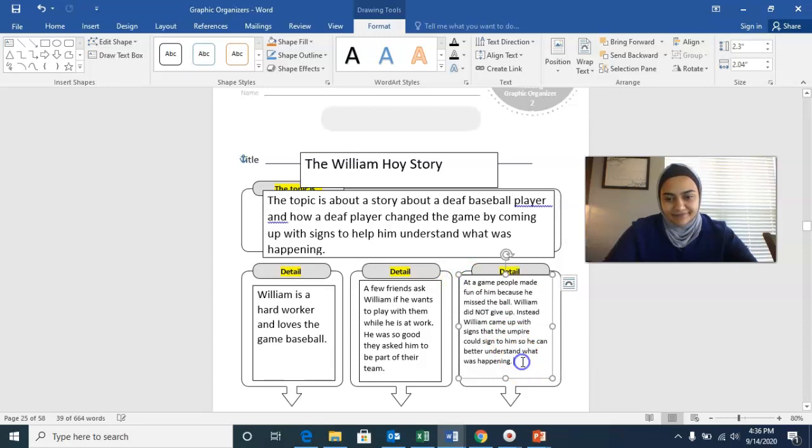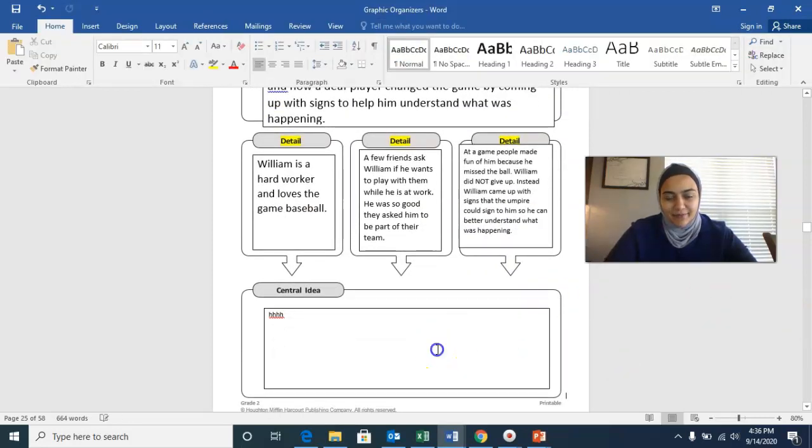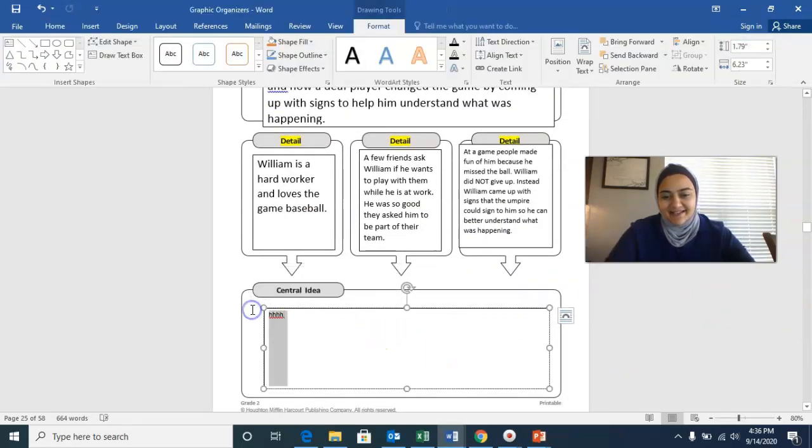Okay, so what is the central idea? What is the main idea of the story? I'm going to write: the main idea of this story is William Hoy and how he became a professional deaf baseball player.